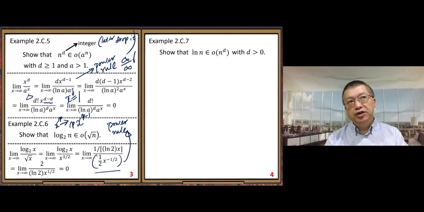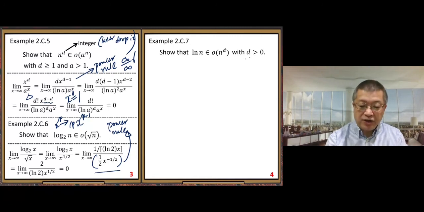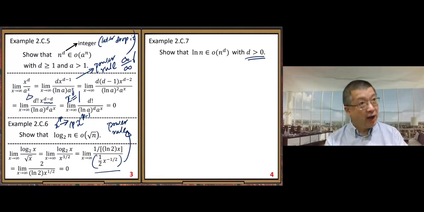Okay, not necessarily integers. Yeah, even small fractional numbers are also fine. Very small numbers also fine. If only it is positive.